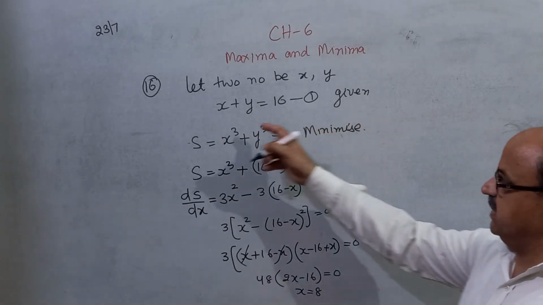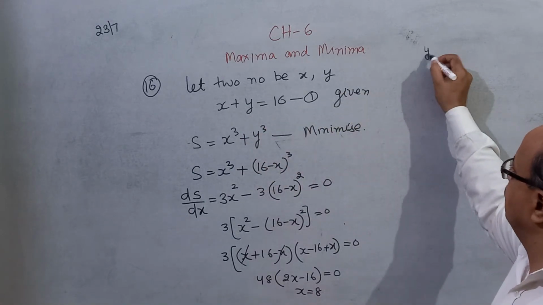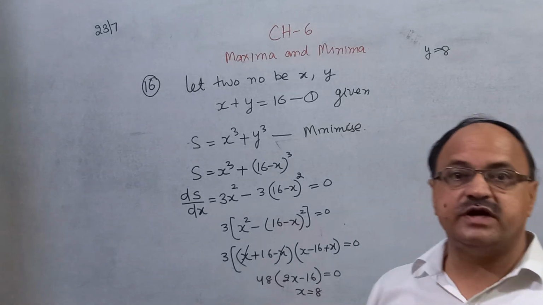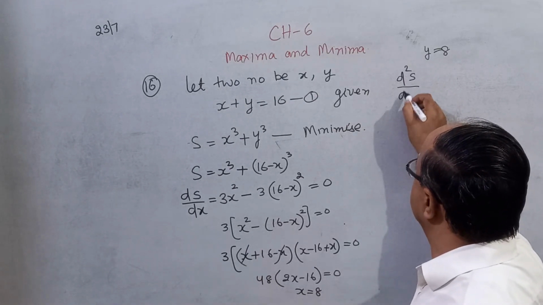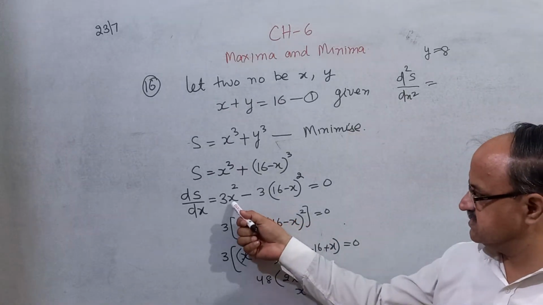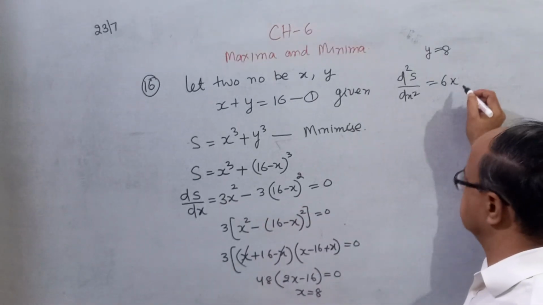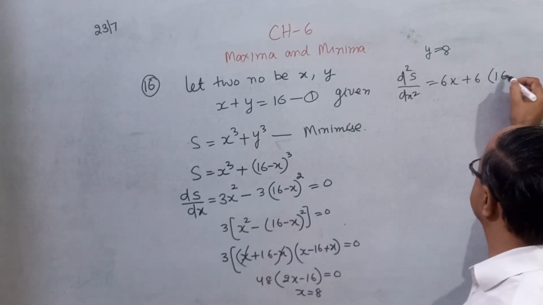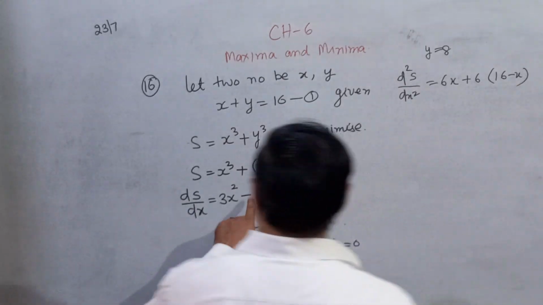If x is equal to 8, then y is also 8. Now we have to find the second order derivative, d square s upon dx square. The derivative of 3x square is 6x, and then the derivative of 16 minus x is minus 1, so it becomes positive.